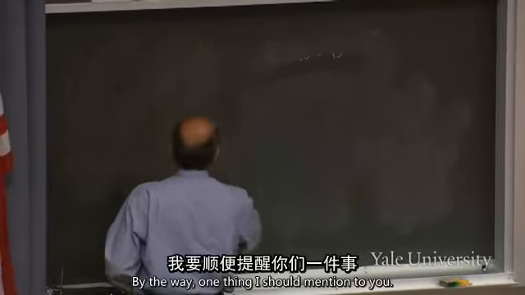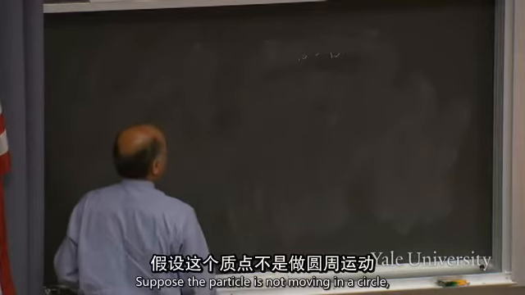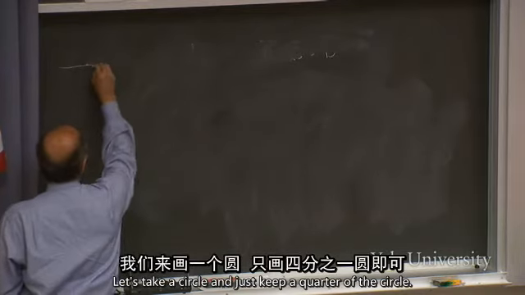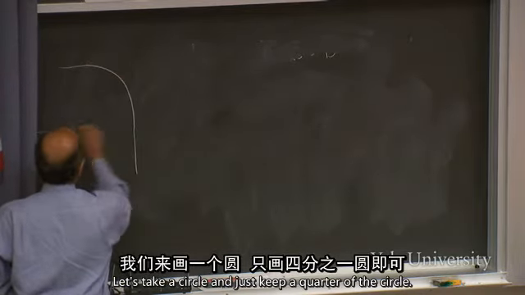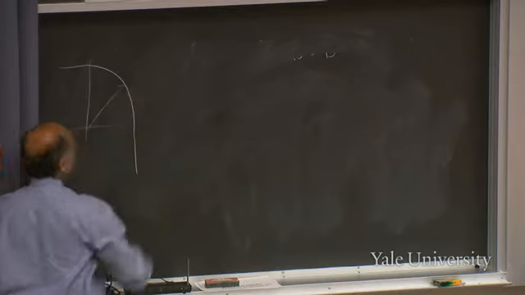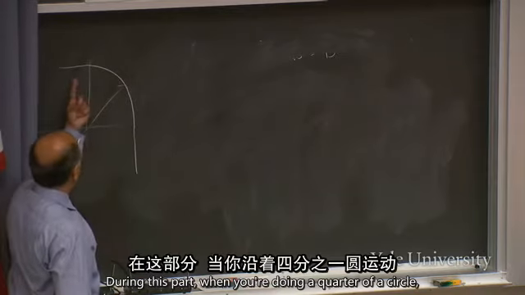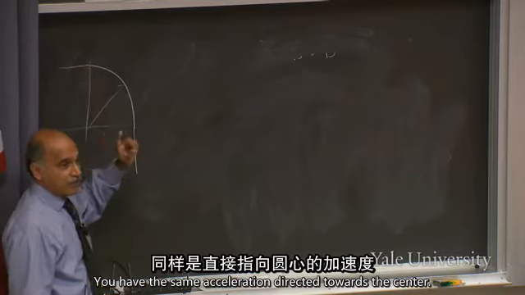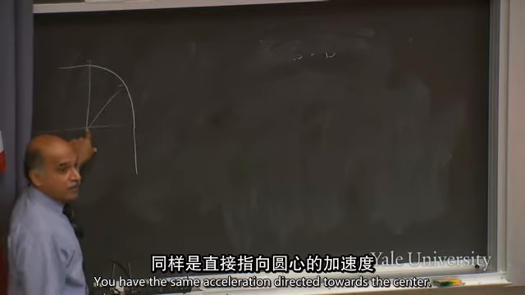By the way, one thing I should mention to you. Suppose the particle is not moving in a circle but does this. Let's take a circle and just keep a quarter of the circle. During this part, when you're doing a quarter of a circle, you have the same acceleration directed towards the center.